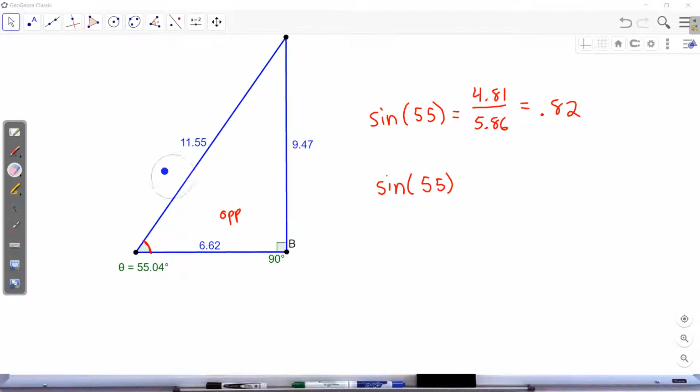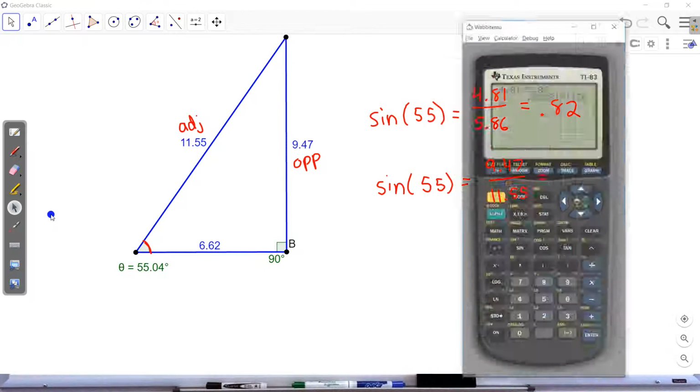And here's where the power of trig really comes in. So this is still the opposite side, and this is still the adjacent side. And so if we do this again, now it's 9.47 divided by 11.55. You can see the numbers are completely different. It's a different triangle with just this one similarity, the 55 degrees.